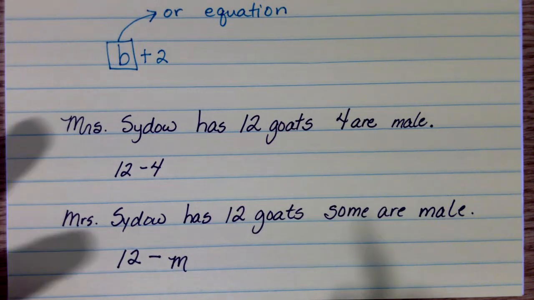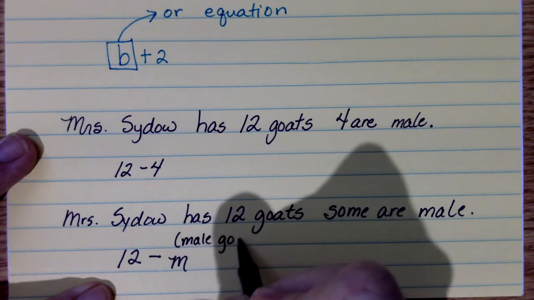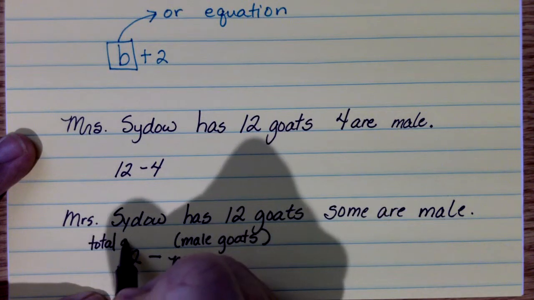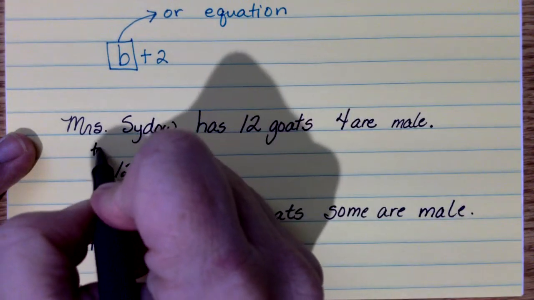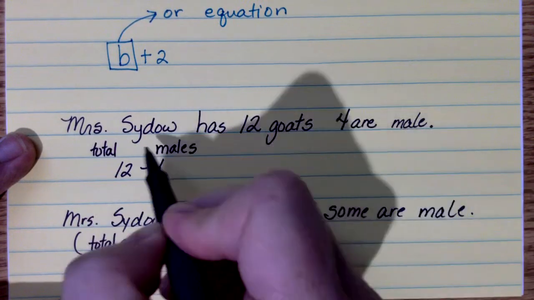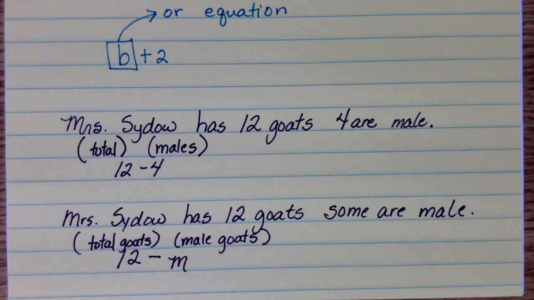So this would be the number of male goats. This would be our total goats. Again, the variable is used to stand in an expression or an equation to kind of substitute for the number, just in case you don't have all of the information, or in case you're being asked to find something out.